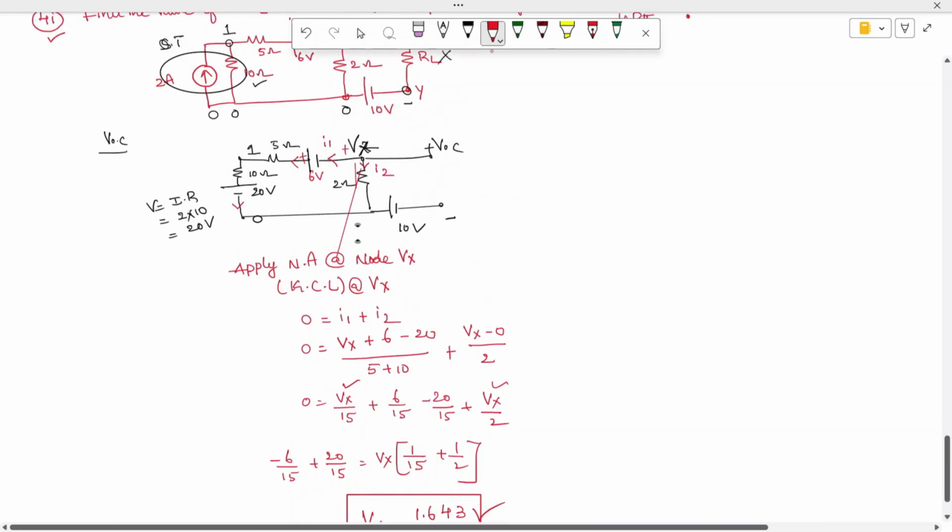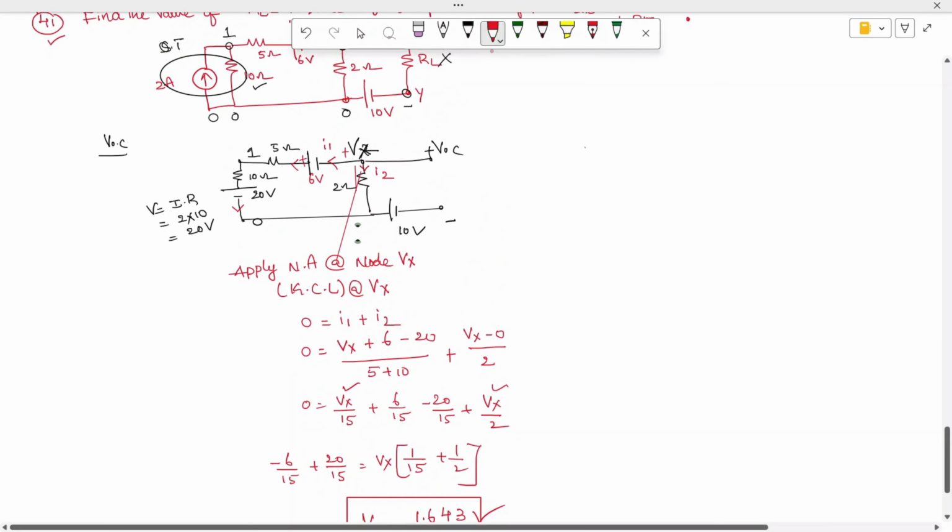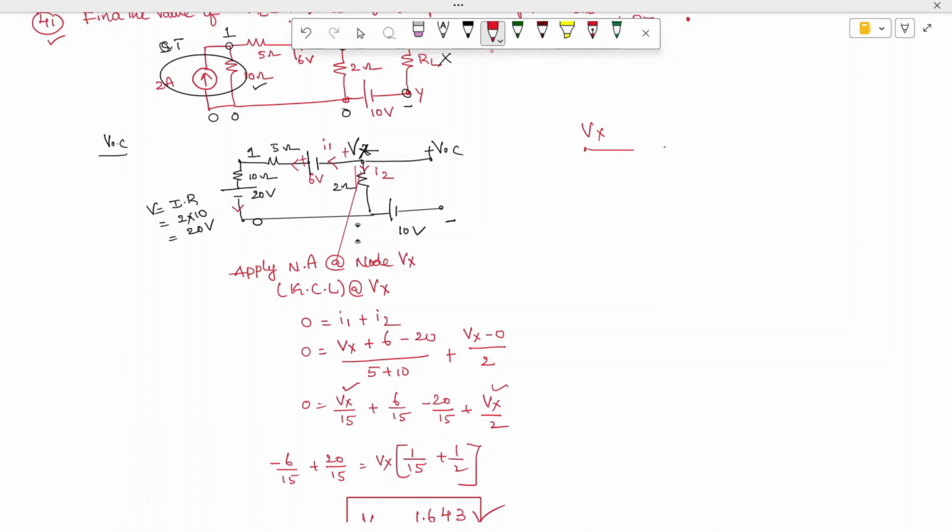Our target, so now after reducing, so here this is Vx, and this is the node VOC, and this is the resistor, and here we are having a small voltage of 10 volts. This is positive and negative. I want to link this VOC, Vx as well as this 10.